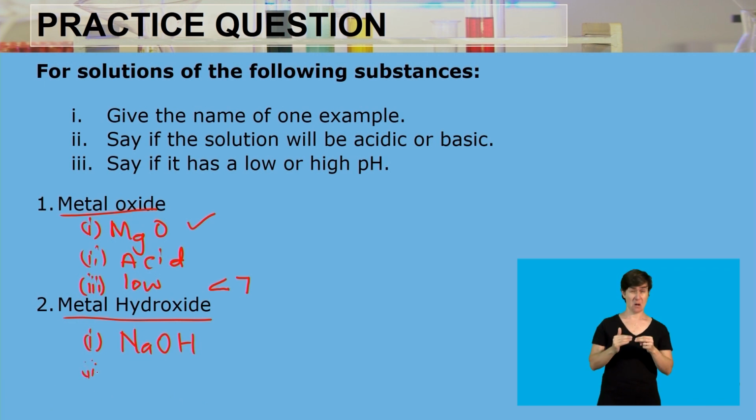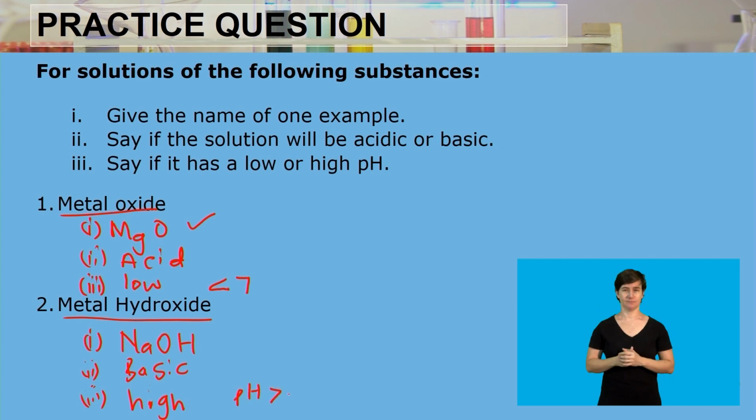Number 2, say if the solution will be acidic or basic. All the metal hydroxides, they are basic, so that means their pH is high. So number 3, their pH is high, which means the pH is greater than 7.